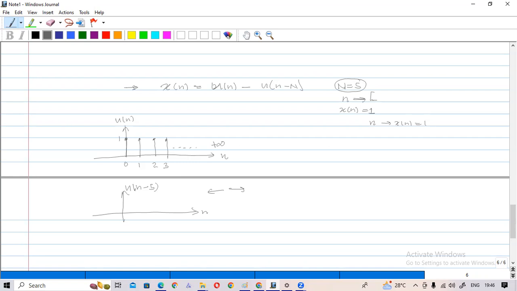So we have n plus value, and the time shift is minus. Tell me, is it shifting to the plus infinity side or the minus infinity side if it is minus 5?